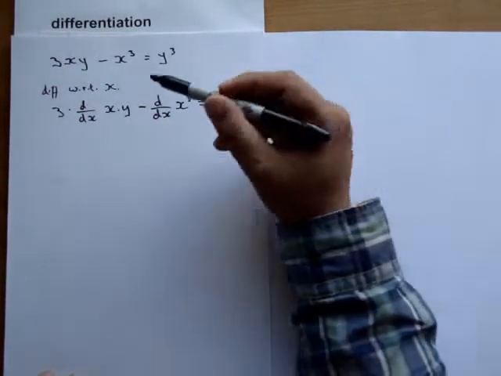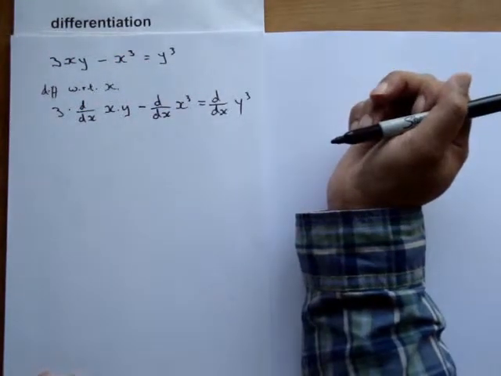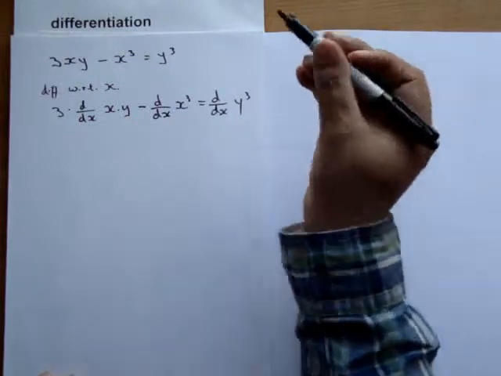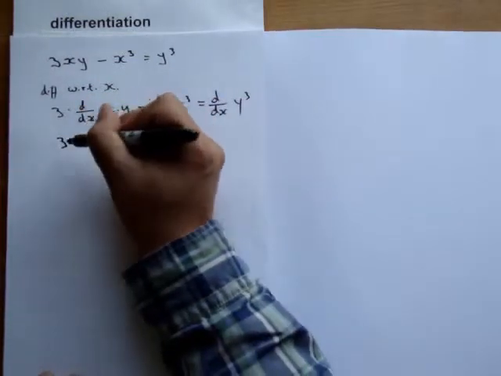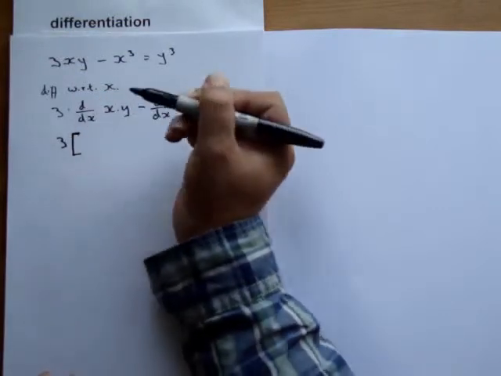So when we differentiate this xy using the product rule, we get 3, let's put it in brackets, product rule.